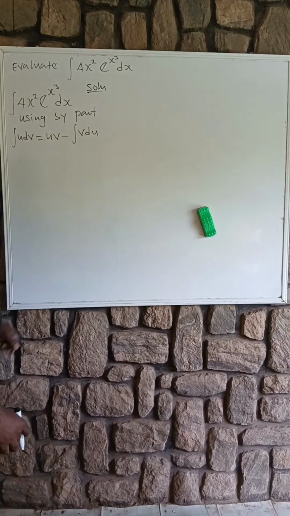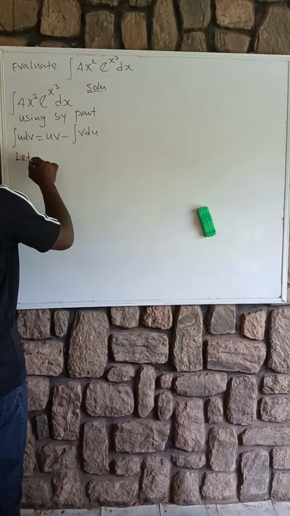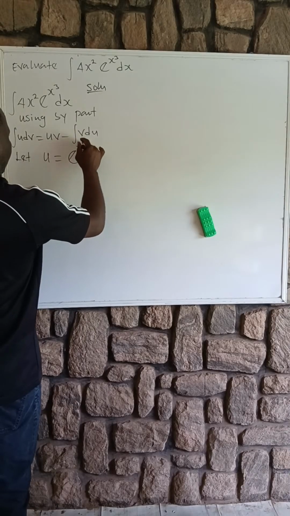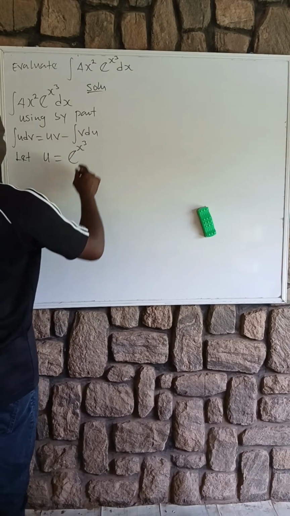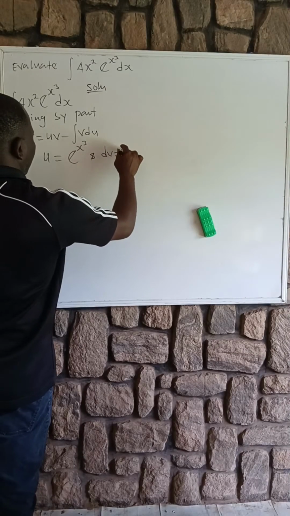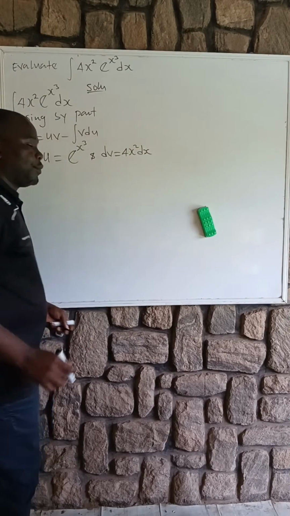So if I were you, let u be equal to exponential x raised to the power of 3 and let dv be equal to 4x squared dx. So let's do it together. We now say let u be equal to exponential x raised to the power of 3 and dv be equal to 4x squared dx.